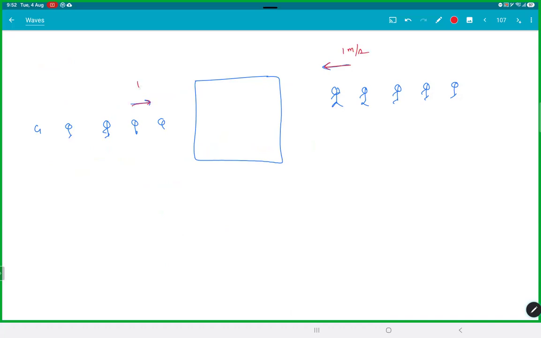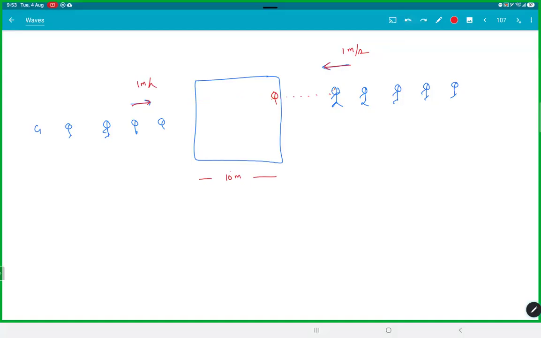They're also going with a speed of 1 meter per second. Now, as they're walking inside, let's say the length of this room is 10 meters. So tell me one thing. When the first person entered the room, for the first person to leave the room, how long will it take? 10 seconds, right? It takes 10 seconds for the person to enter the room and leave the room.